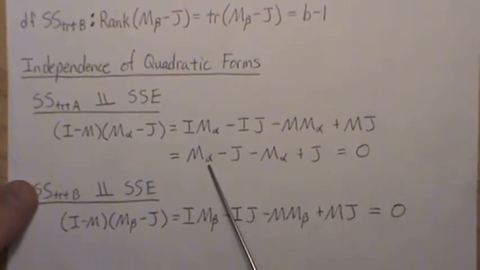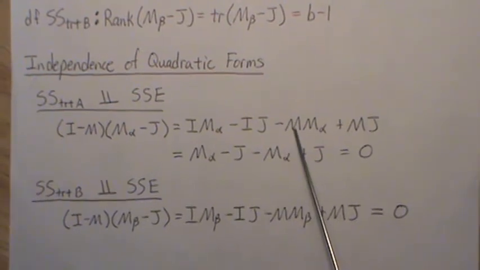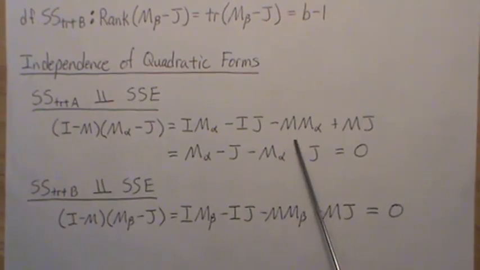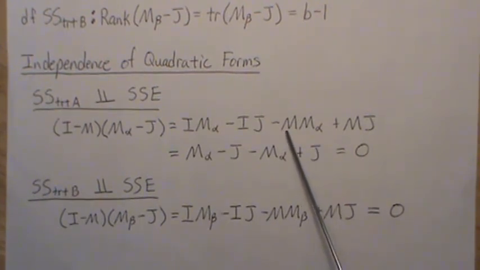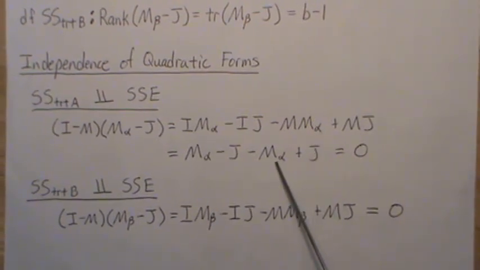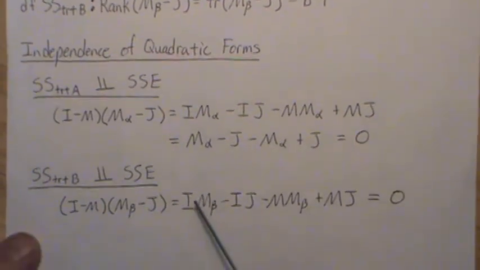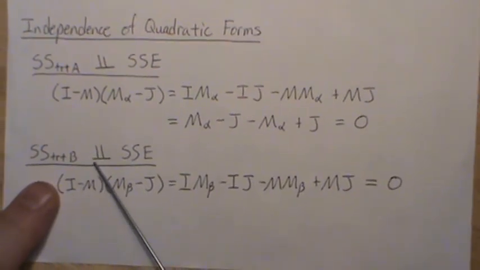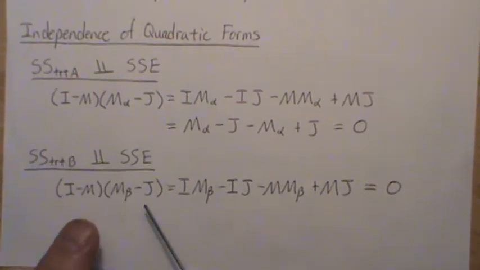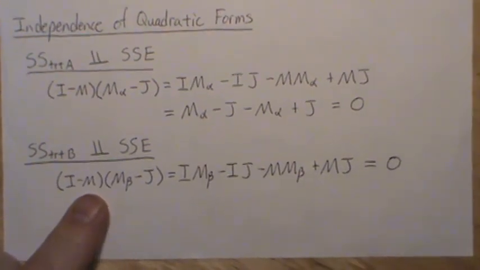Now this is just M alpha, this is J. Since this is the perpendicular projection onto the whole column space, and M alpha projects onto a subspace of that, M projects it back onto itself in the same way, and then everything cancels, you get 0. Now to show that the sum of squares for treatment B is independent of the sum of squares error, we show that these are equal in a very similar fashion, and it is 0.